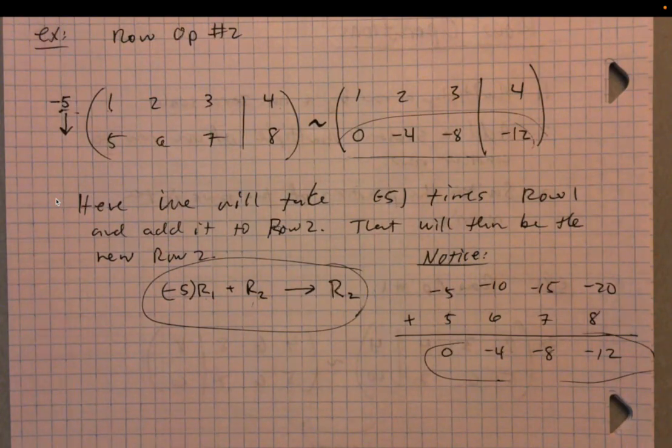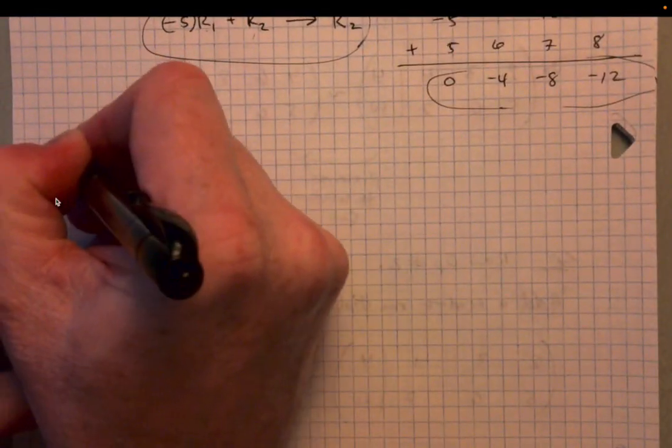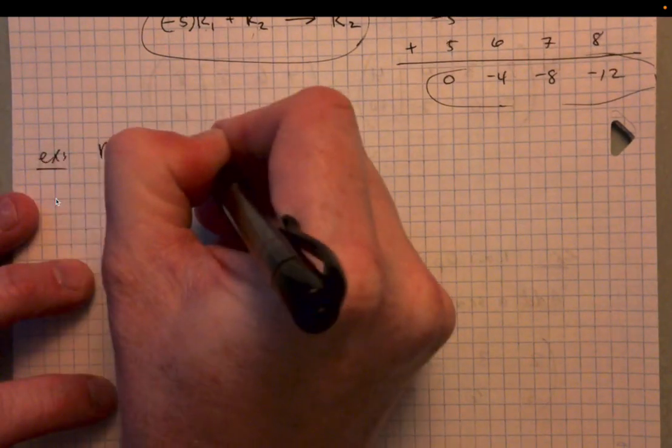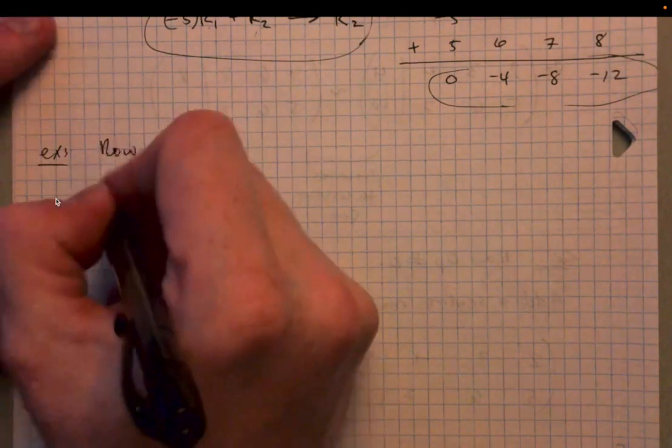Okay, and then let's do a quick example of row operation number 3. Remember, it was: switch the positions of 2 rows in the matrix.